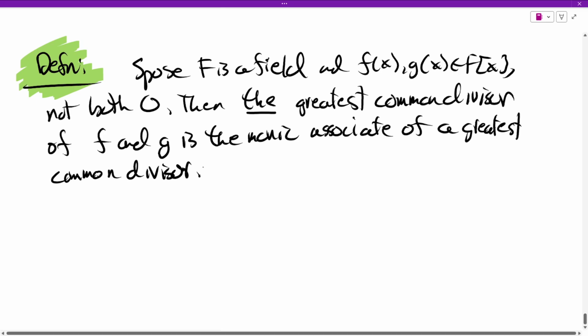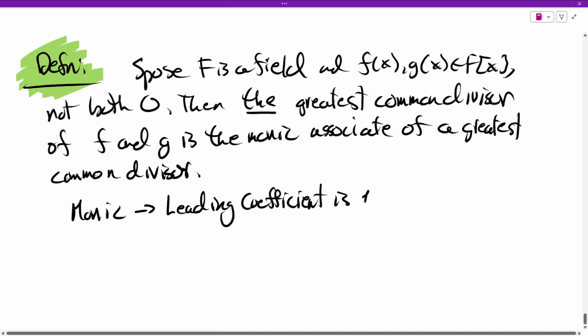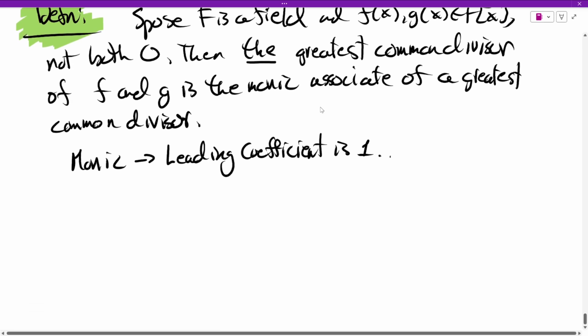And monic here just means that the leading coefficient is 1. All right, so I think this is best understood with an example, like all things. So let's do an example.